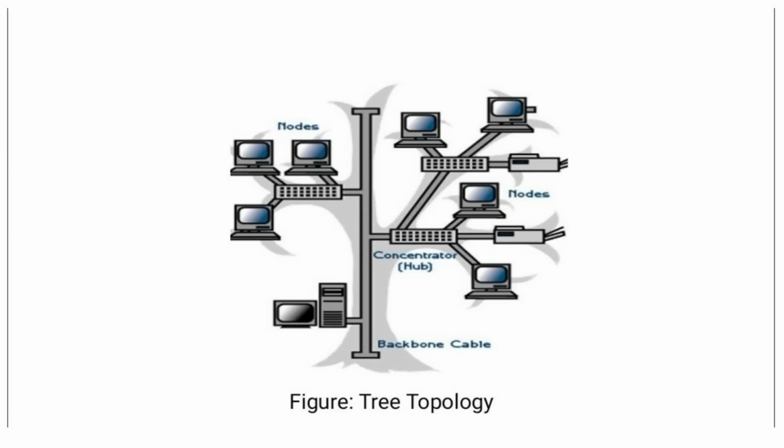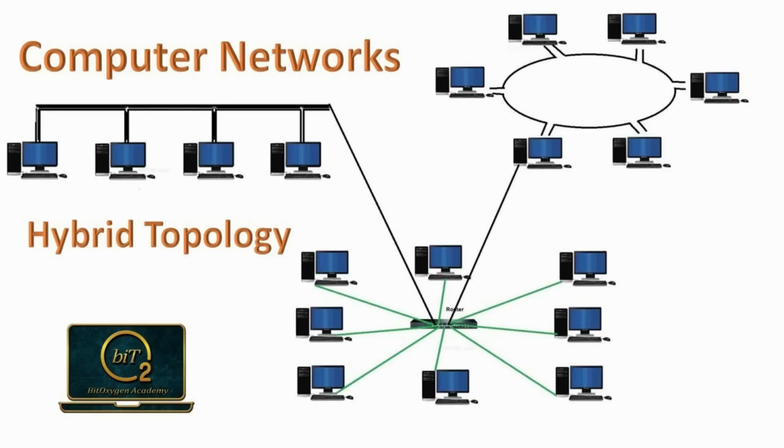the other topologies. The hybrid topology, the most recent technology, is the hybrid topology. Here one switch, another switch, another switch connect different topologies, and this is the hybrid topology.